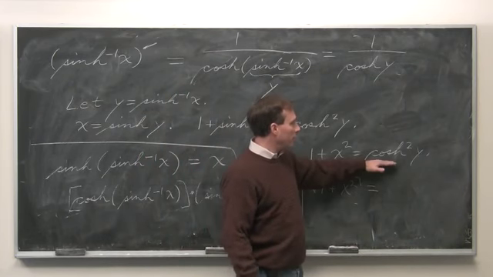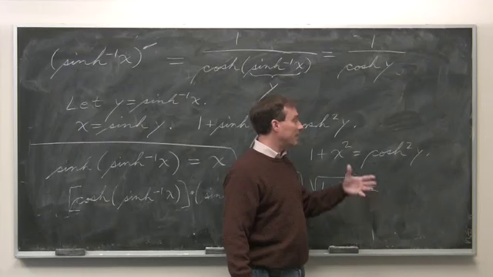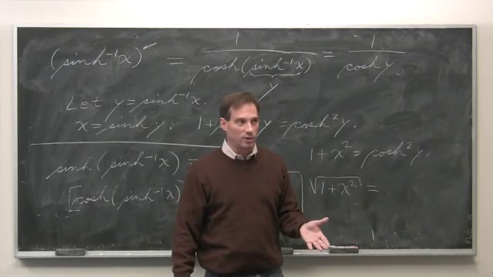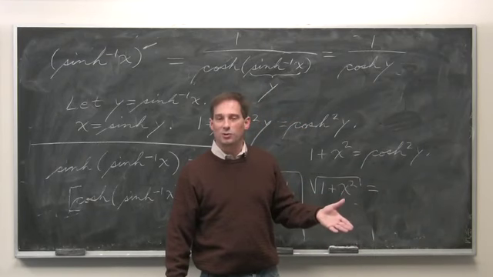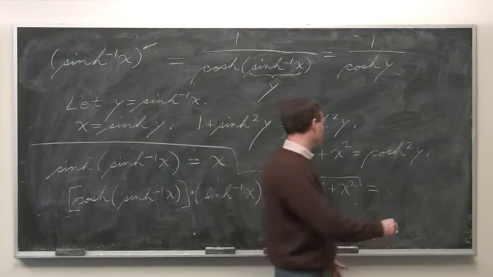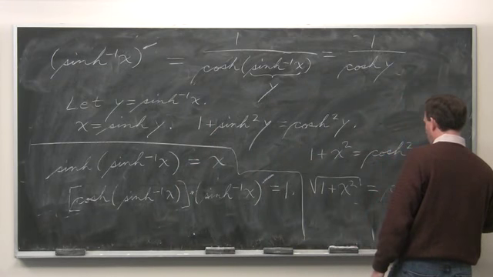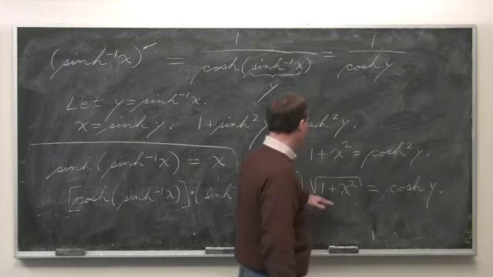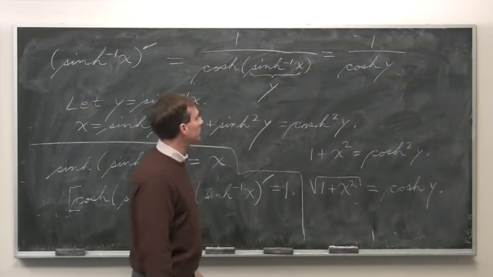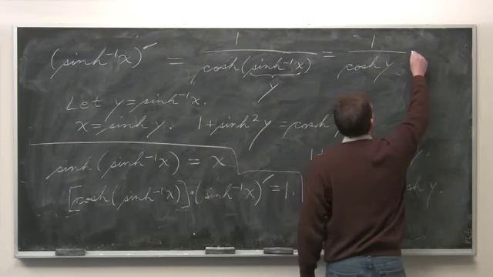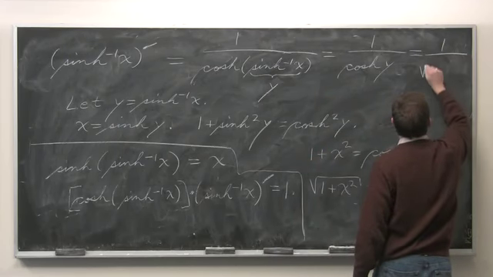So the square root of hyperbolic cosine squared is the absolute value of hyperbolic cosine of y. But hyperbolic cosine is always positive, so it is its own absolute value. So that, yes, we do get that hyperbolic cosine of y is the square root of 1 plus x squared. So that's what we get: 1 over the square root of 1 plus x squared.